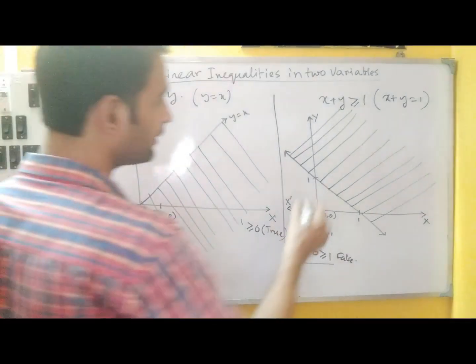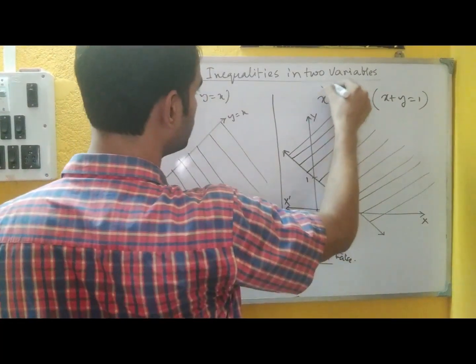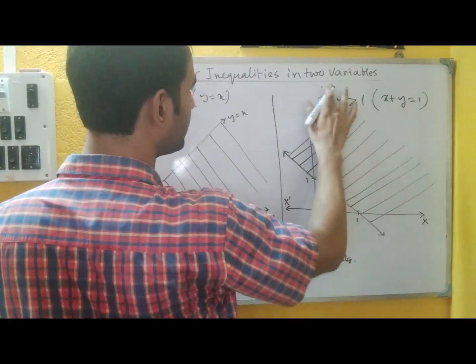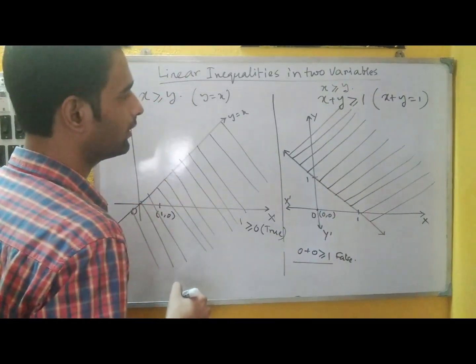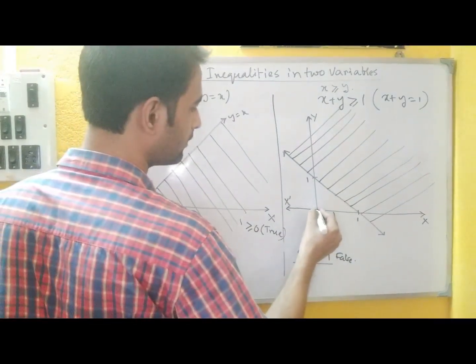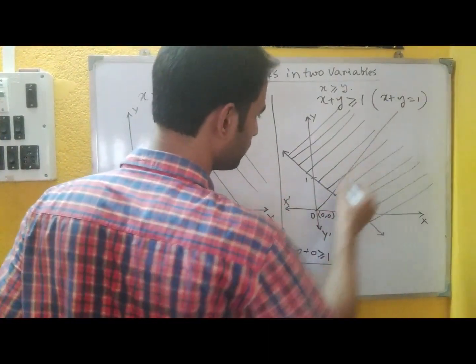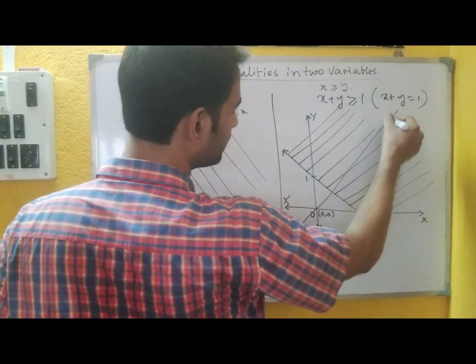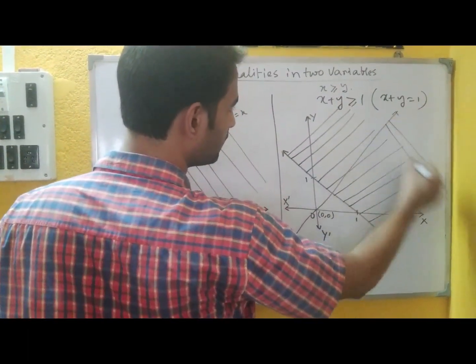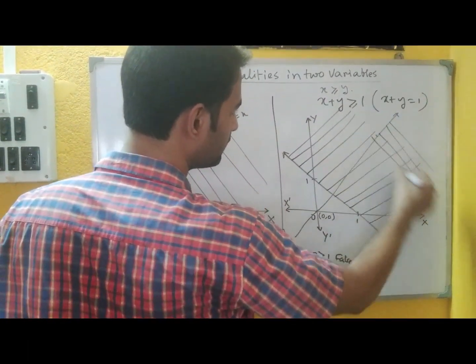So now think, if these two inequalities were given together, then we'll put the line here also and then we take the region like this.